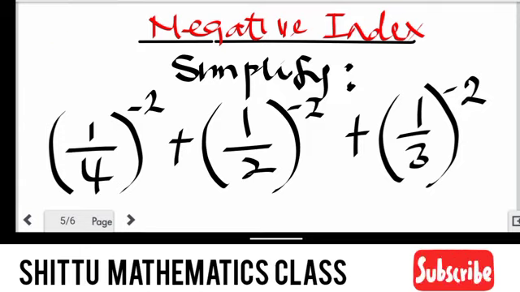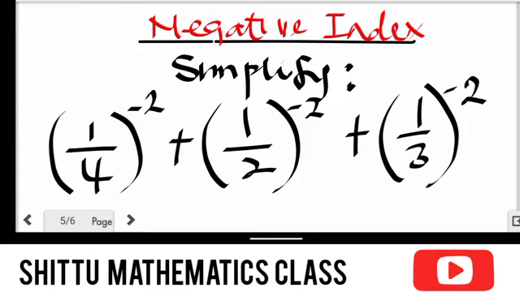Now we have this question under the topic. The question says we should simplify (1 over 4) raised to power minus 2, plus (1 over 2) raised to power minus 2, plus (1 over 3) raised to power minus 2.